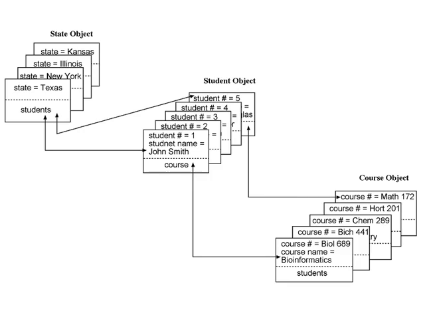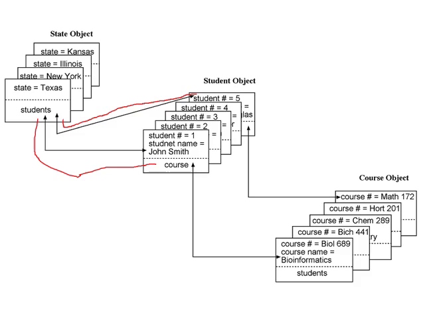Now, in order to establish the relationship among these objects, the pointers are given. Each object is connected with a pointer. Like in the case of the state object Texas, it is connected with the student objects by pointers. You can see this pointer is connected with student number 5, and again this pointer is connected with student number 1.